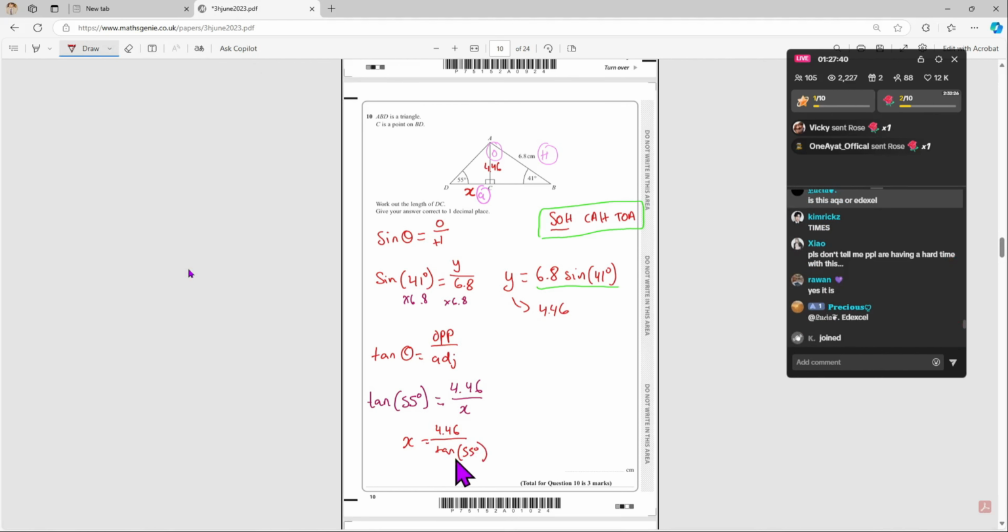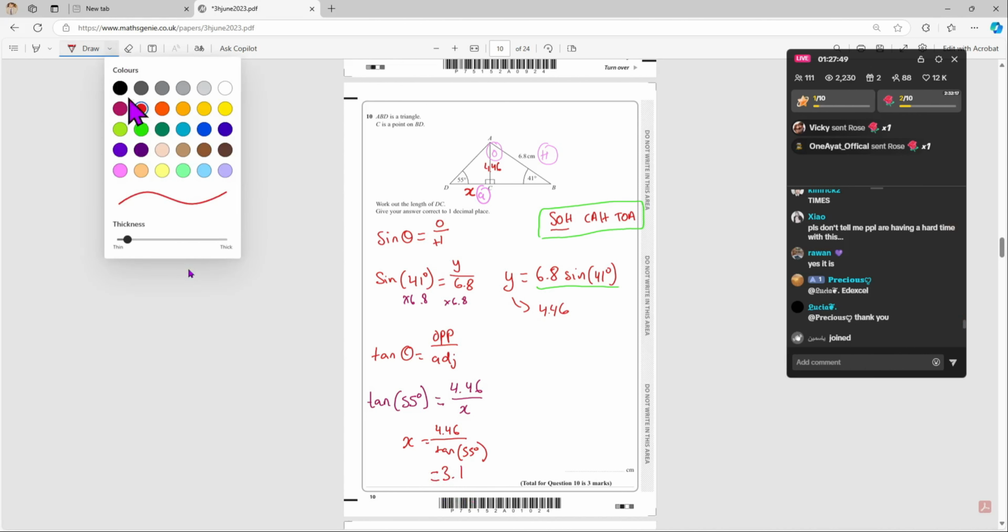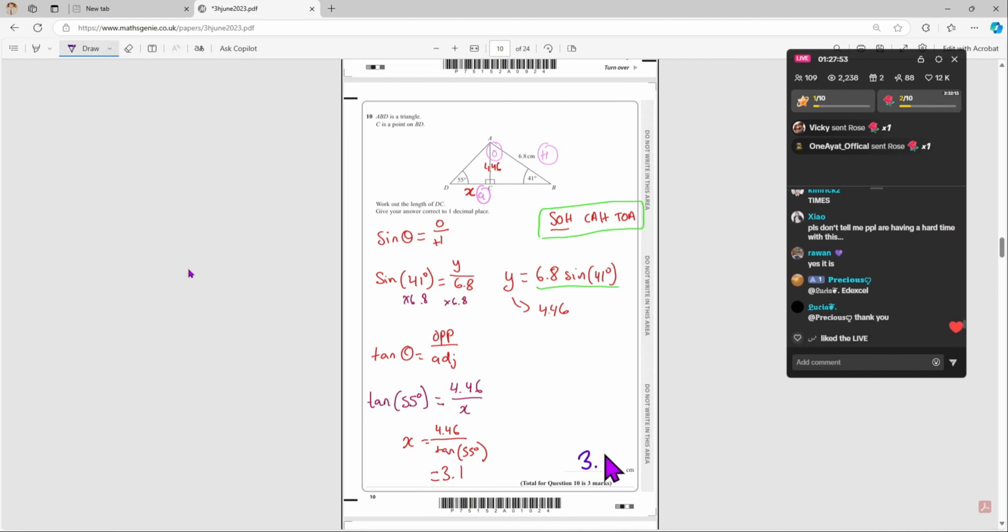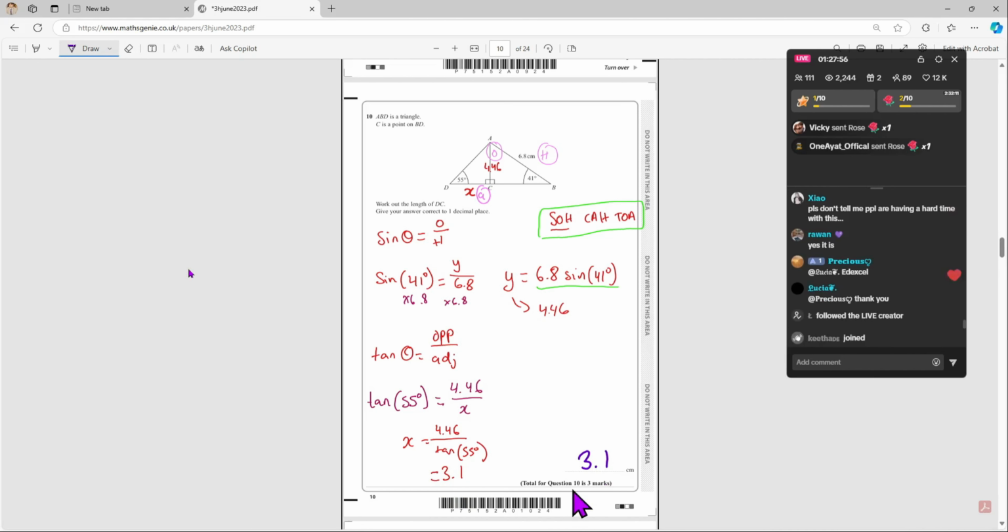Then to find the value of x, you put this into your calculator. Then to one decimal place, you get 3.1. Okay, so your final answer is 3.1 centimeters, guys. So well done for getting that correct.